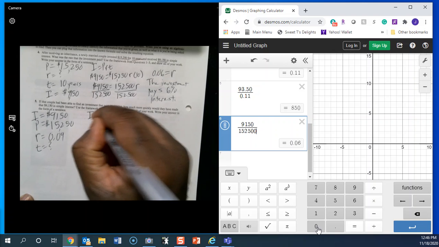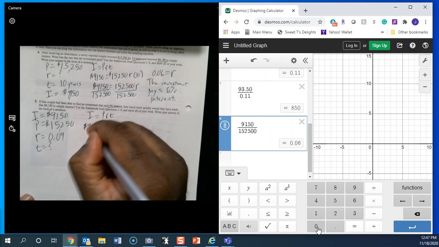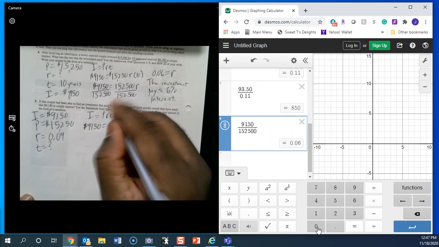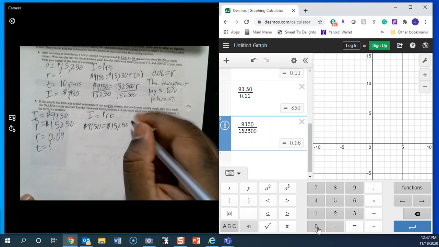$9,150. So interest is equal to principal times rate times time. The interest is $9,150. The principal is $15,250.